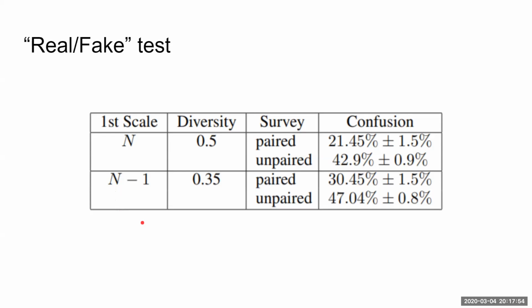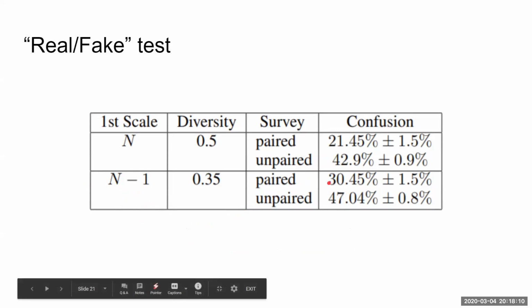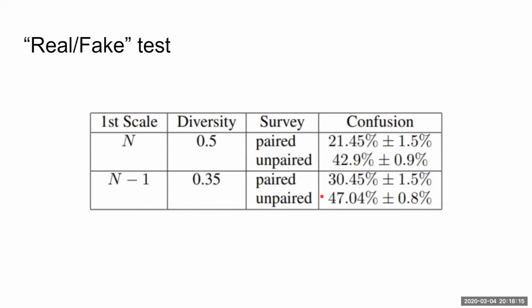Now the next level is denoted by n-1. So if you are using n as the basis to generate the images, the confusion would be 21.45 and 42.49. And if you go to the next level and generate the images and give them to the users, the confusion would be even higher, because it would produce realistic images with better quality. So that's why the confusion is increasing.